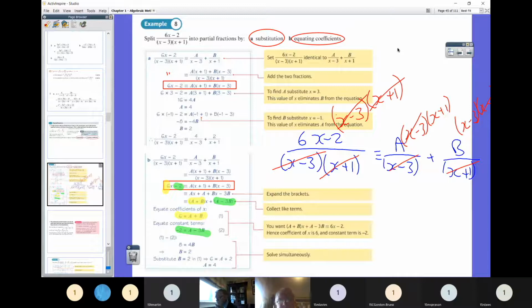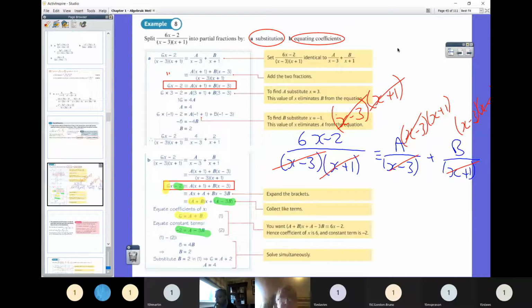Now, we'll do it by substitution first, which is the top half of the page. We pick values of x that suit us to first eliminate a, and then to eliminate b. Looking at it the other way around, b is multiplied by x minus 3.